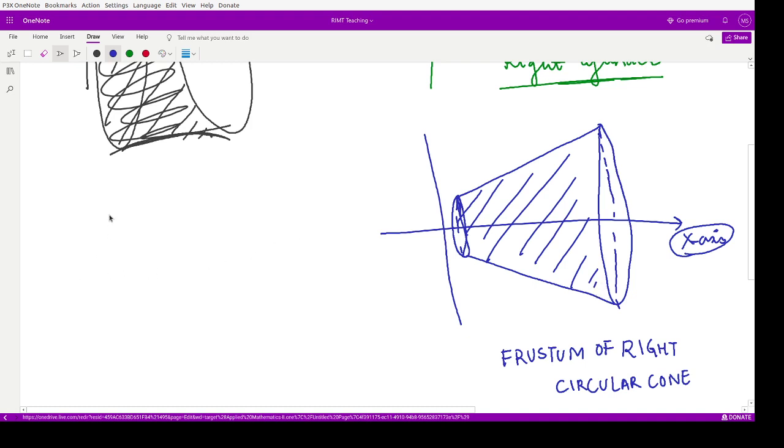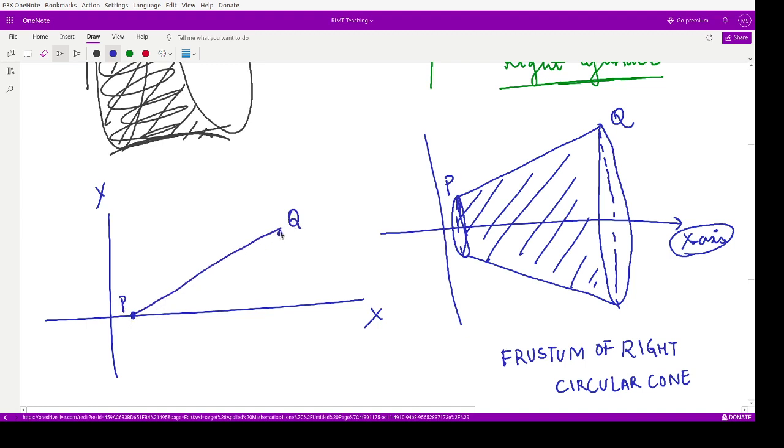Another case is when you have this x-axis, y-axis, and your line segment has one of the points, P or Q, lying on the x-axis. For example, you have this point P lying over here on the x-axis and another point somewhere here. When you join these two points, you will have a certain figure like this.